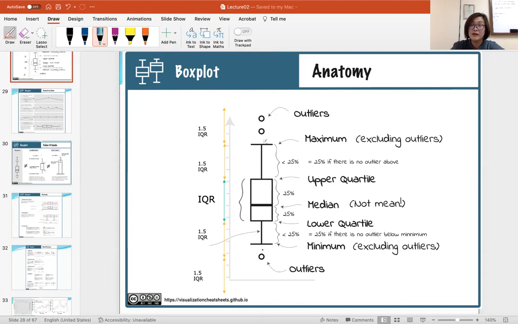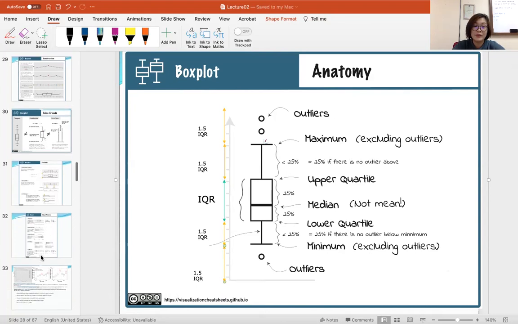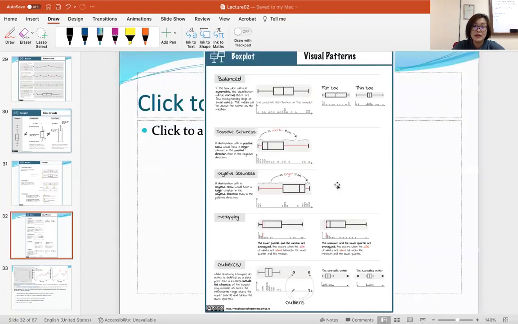Above, out of the 1.5, we will consider that as outlier. See that? Let me adjust a little bit. It sounds a bit confusing, isn't it? So let me check on this. How to do this? Okay.